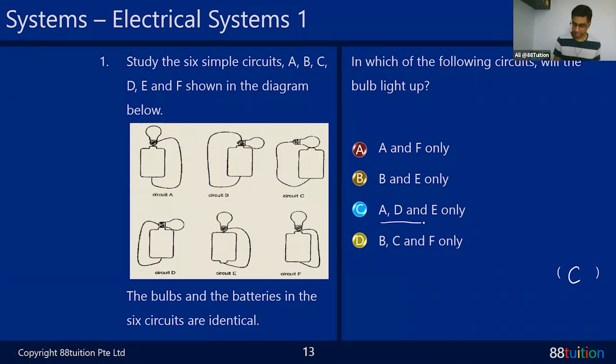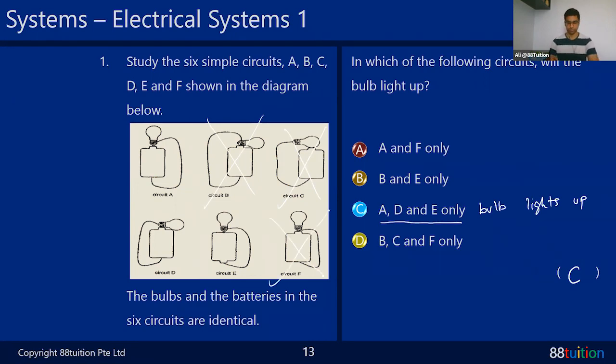Only A, D, and E bulbs light up. Why? B is wrong. C is wrong. And D is wrong, is it? Only A, D, and E are correct. So F is wrong.